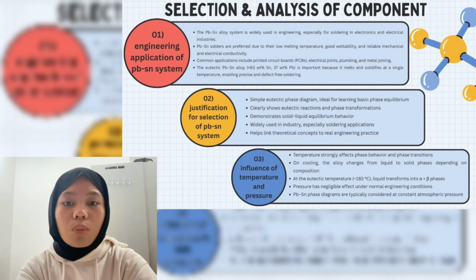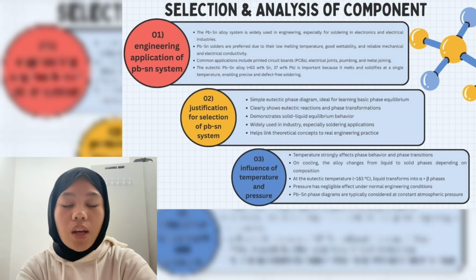The eutectic composition, which is around 63 weight percent tin and 37 weight percent lead, is especially important because it melts and solidifies at a single temperature, allowing precise and defect-free soldering. Next is the justification for selecting the PBSN system.